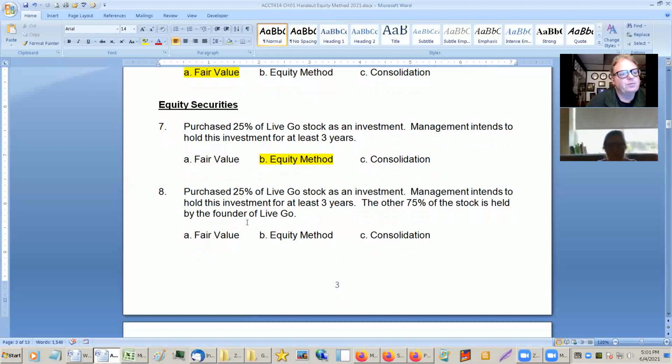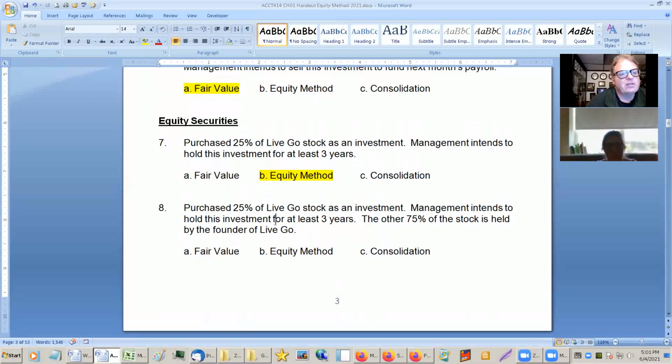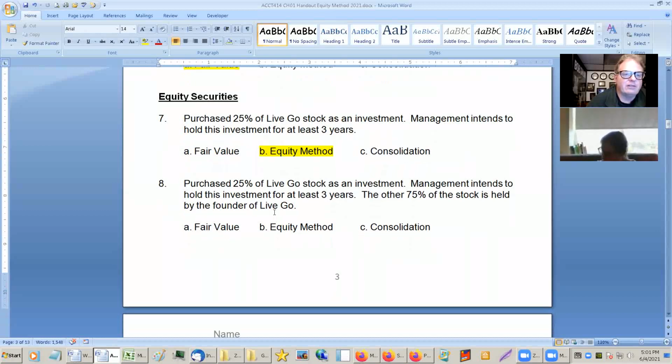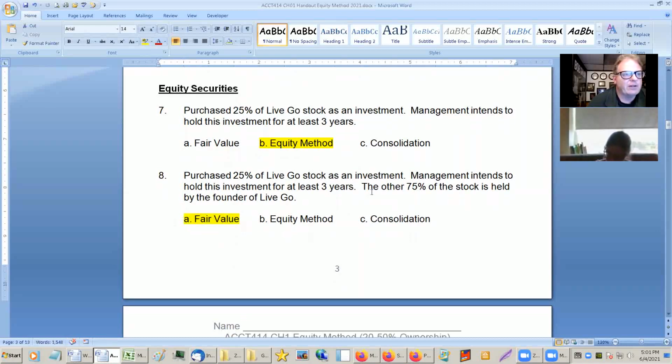Okay. Purchase 75% of Livco stock as an investment. Management intends to hold this investment for at least 3 years. The other 25% of the stock is held by the founder of Livco. So it'd be fair value. Yeah, because they're probably not influential. They'll be outvoted 75 to 25.